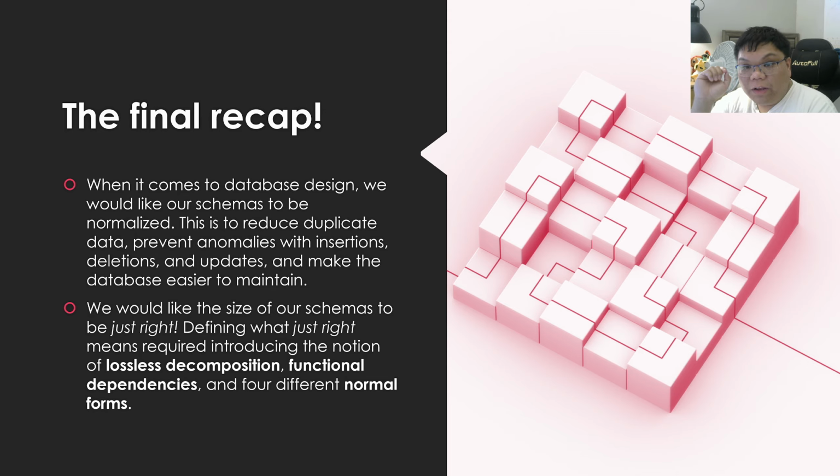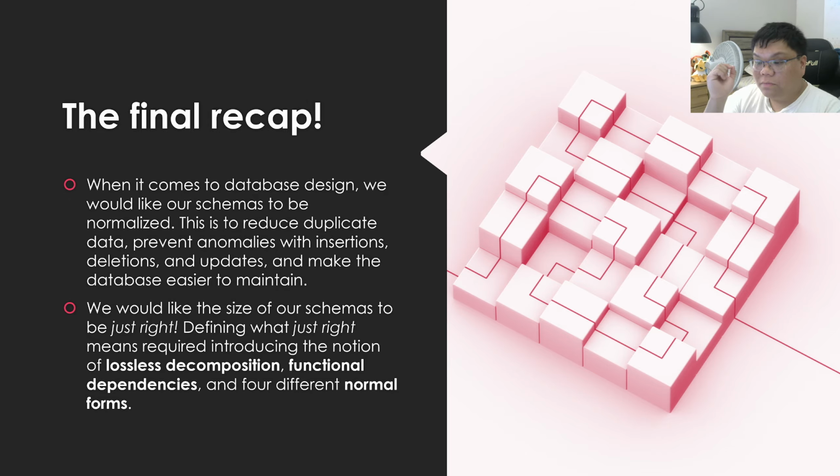However, we don't want to go too far either, because if we did, we get lossy decomposition. We don't want that either. And we know when to split a schema into two or more schemas by looking at its functional dependencies.